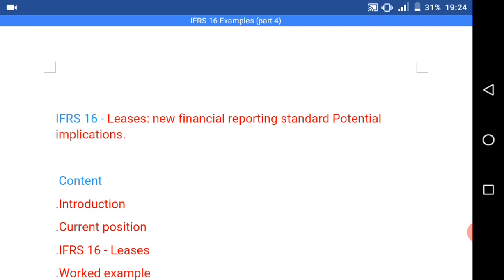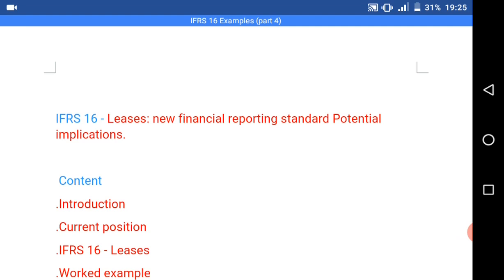In part 1 we talked about IAS 17 lease, and we gave frequently used terms used in lease. That was basically the written aspect of lease on IAS 17. In part 2 we gave examples of treatments in IAS 17, that's the lease.